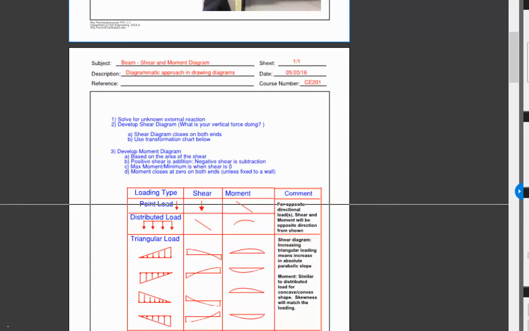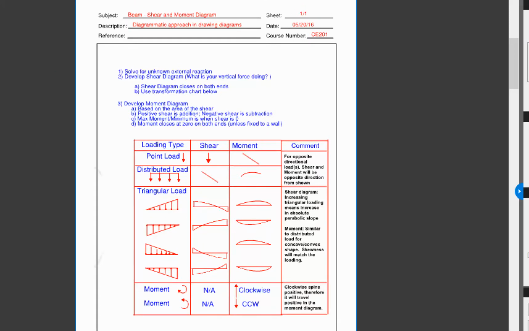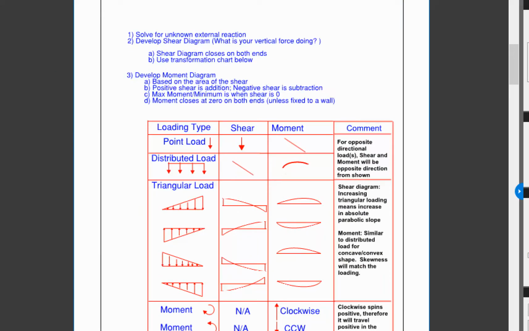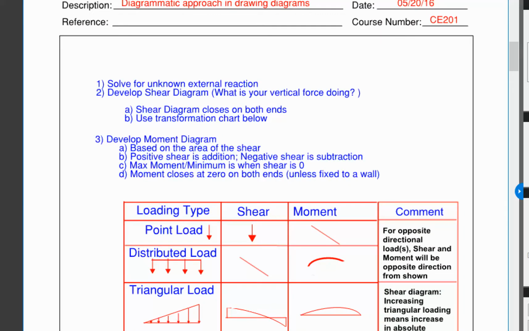What you have here is kind of the summary of the loading, and let's go over that. When you are solving for a shear moment diagram, these are the basic steps that, if you follow, really assist in drawing your shear moment diagram.